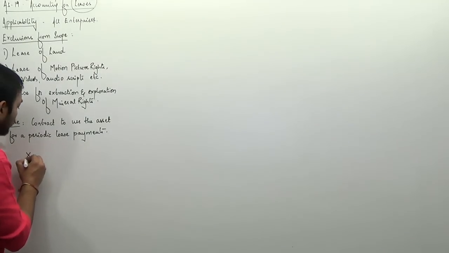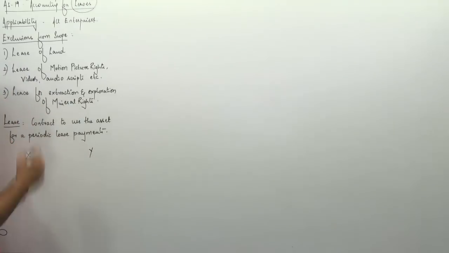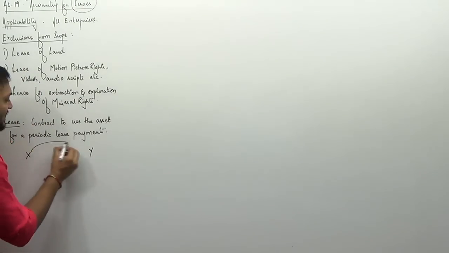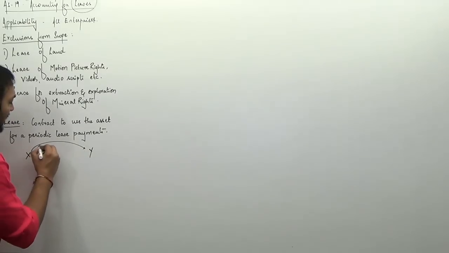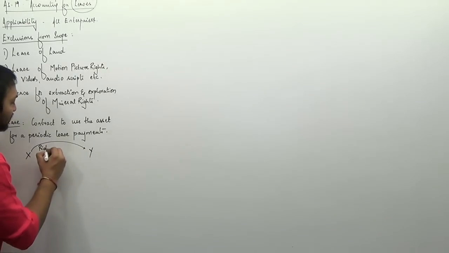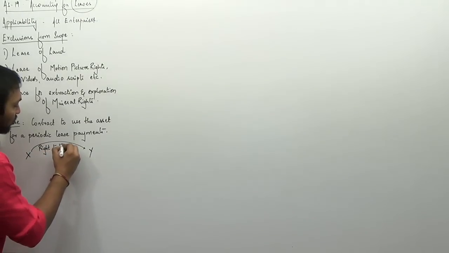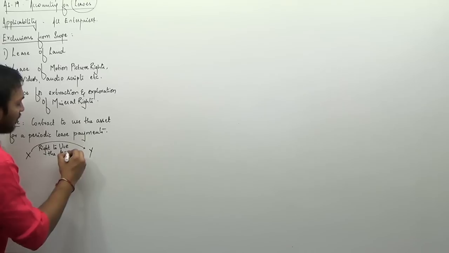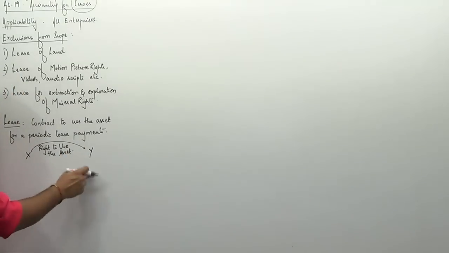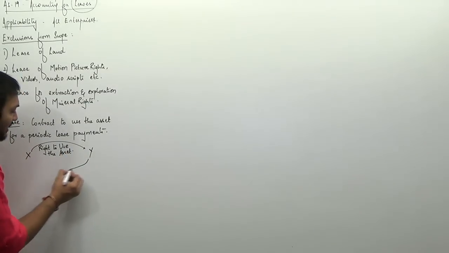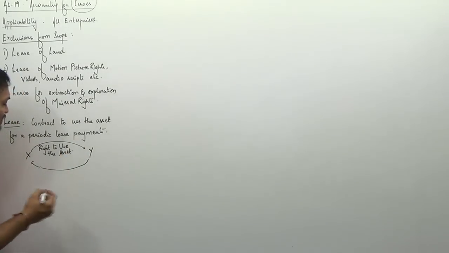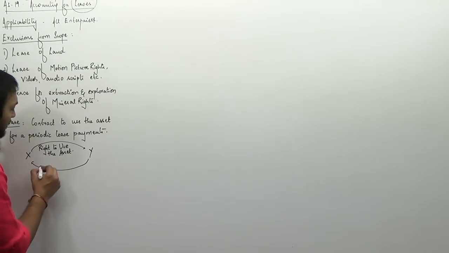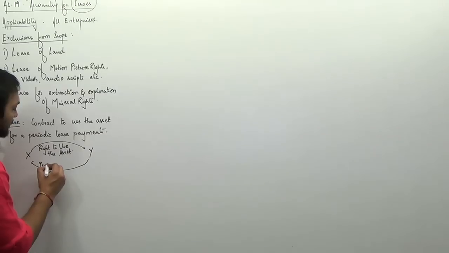So when I'm talking about two persons, X and Y, X transfers to Y right to use an asset. Like we always know, in a contract there is a consideration which should be paid in return, and this consideration which is paid in return is called as periodic lease payments.